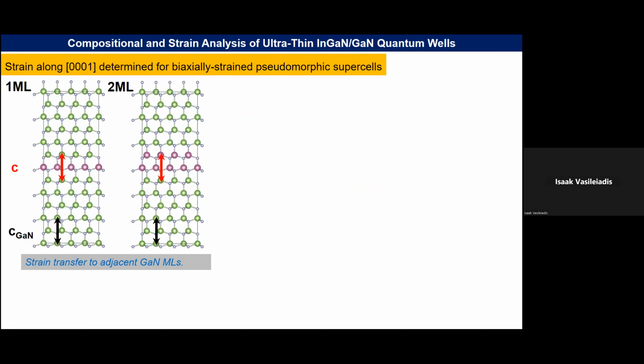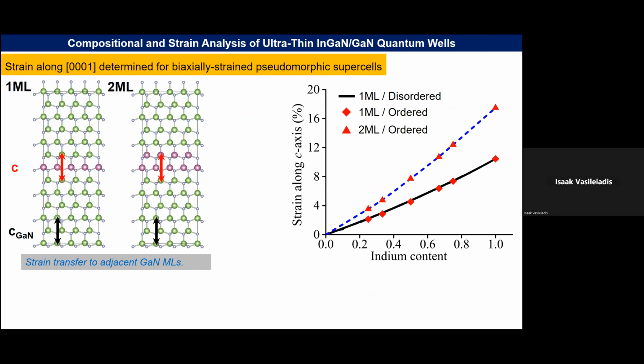So after the energetic calculations, we analyze the data, and we determine the strain behavior, the strain along the z-axis for one monolayer and two monolayers. These curves can be used in order to translate now the strain to indium composition.